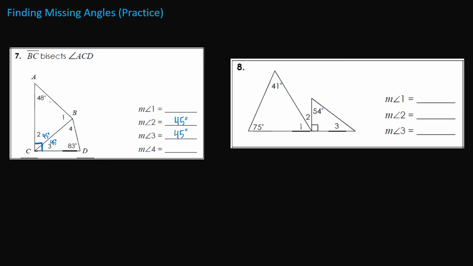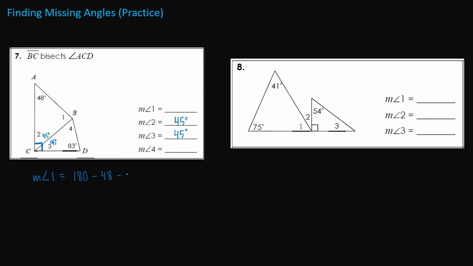And what I'm seeing in this diagram is 2 triangles kind of stacked on top of each other. Let's look at the top triangle ABC. Now I know that it has a 48-degree angle and a 45-degree angle. So to find the measure of angle 1, I'm going to take the sum of the angles in a triangle, 180, and subtract my given angles.